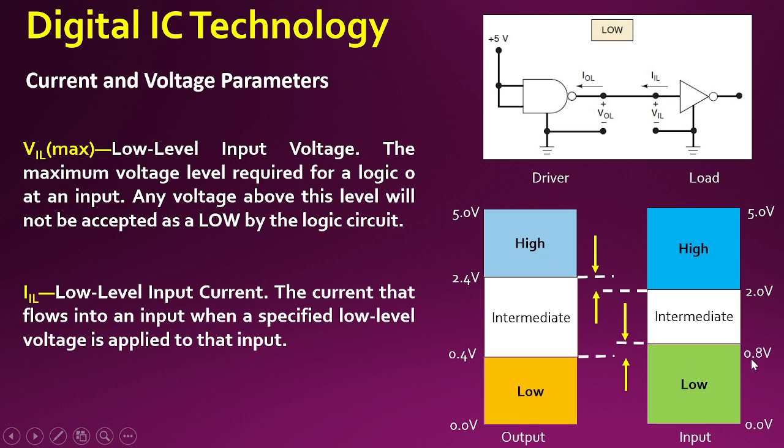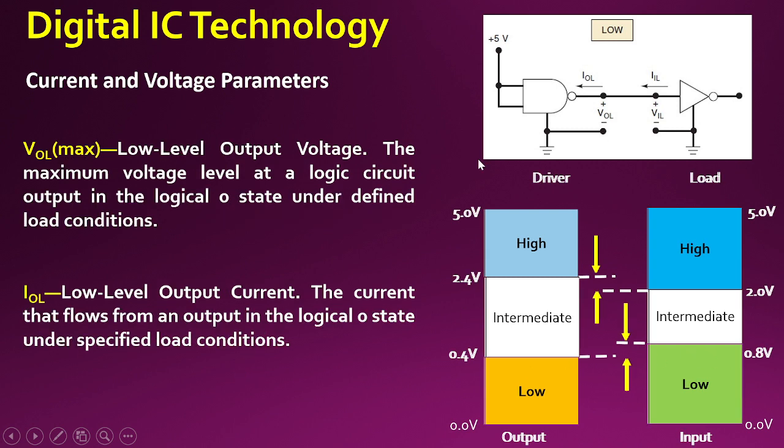When it increases till 0.8, till then it will be accepted as low logic. So 0.8 here is VIL, but it is the worst case voltage, beyond which again it will enter the invalid zone. So for VIL here we will consider the max voltage, which is 0.8.